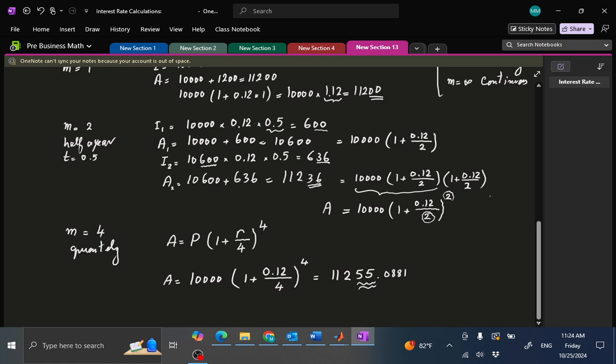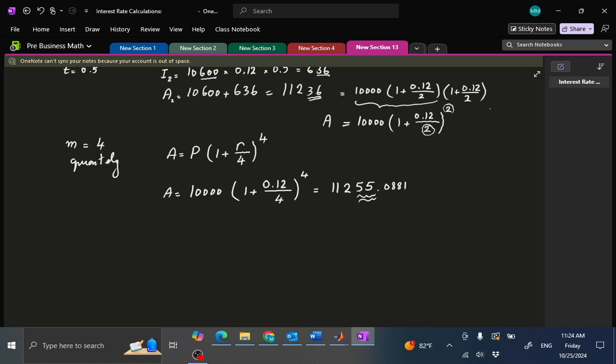So what is the formula for the compound interest? In all the problems we had so far, we had the money left in the account for just 1 year. Well, what if I had put the money in the account for 2 years? In 2 years, how many compounding periods would I have?